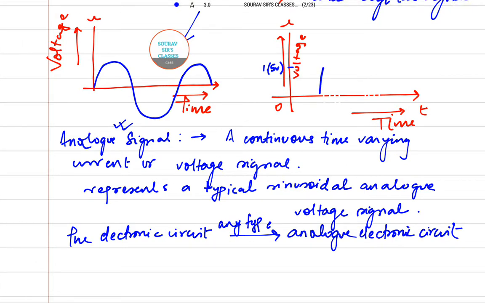It is like this, then again it is like this, and so on and so forth.